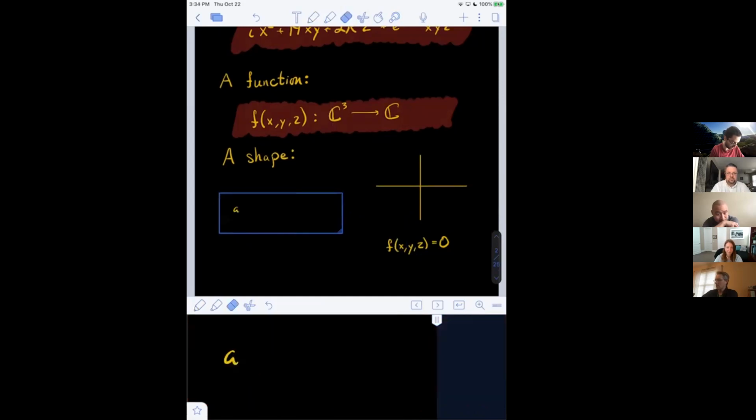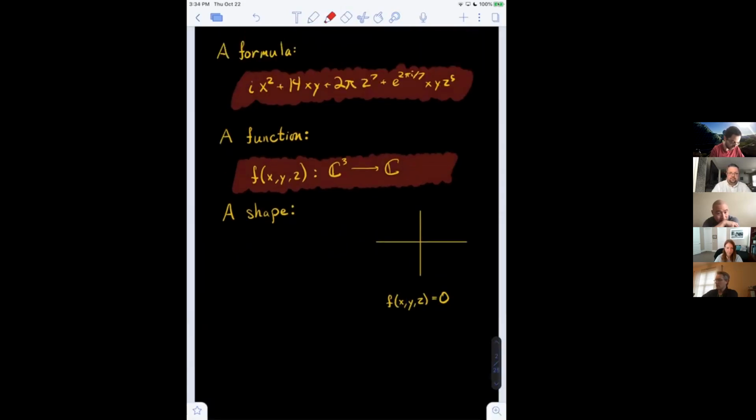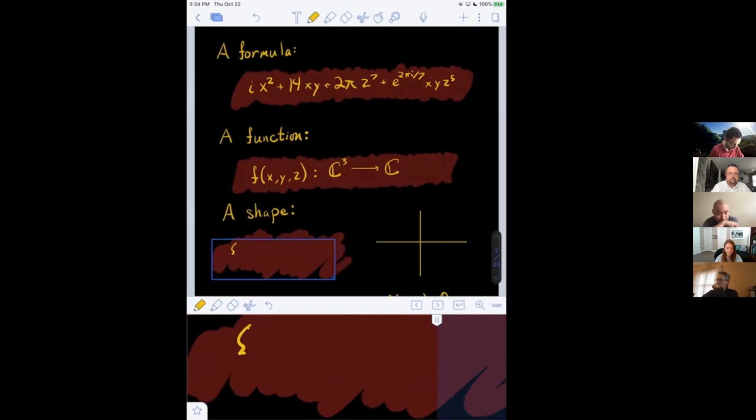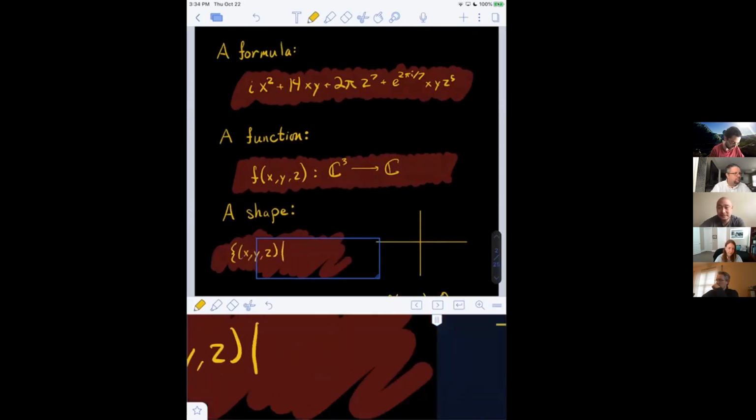Oops, I've lost my fill in the blank here. So the set of x, y, z such that f of x, y, z equals 0 is what's called a variety.